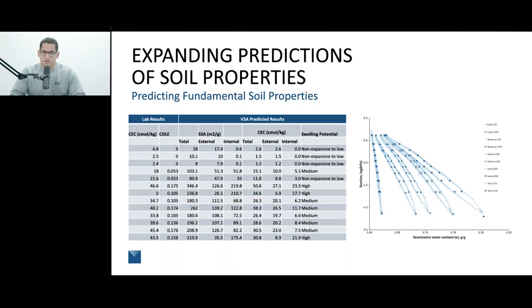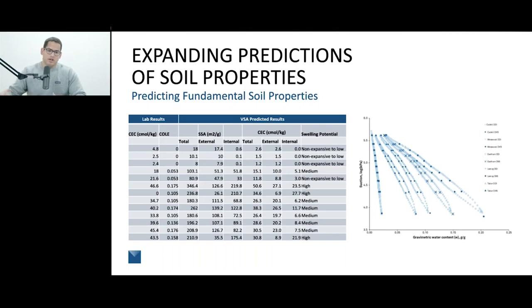So here we took those same curves that I showed earlier. You see those curves on the right, and we took those soils and applied the tools that are being developed by these researchers to predict soil specific surface area, to predict cation exchange capacity, and to predict the swelling potential.